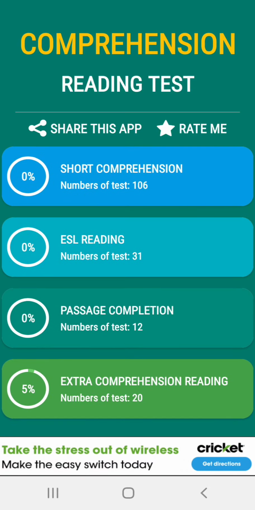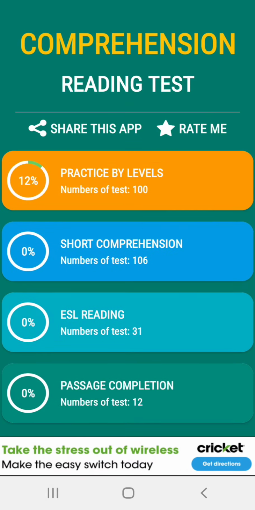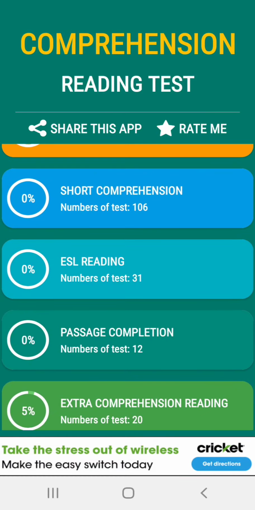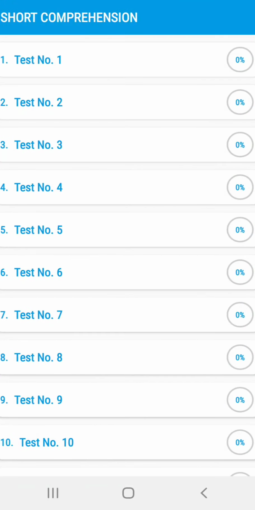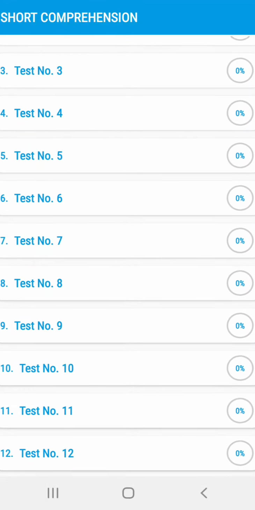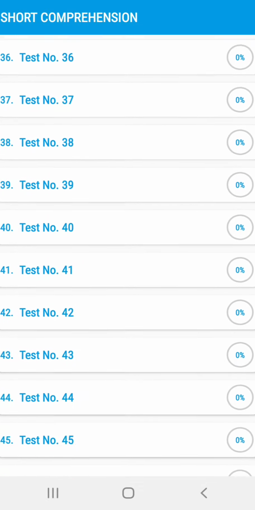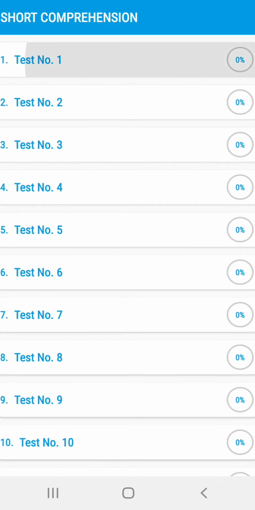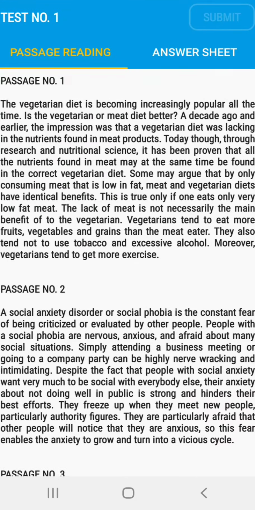Now we're going to look at short comprehension. I'm not gonna lie to you, I haven't really used this. The reason being, when you click on it, there are like 3 passages.